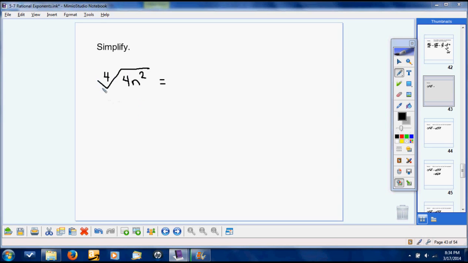Okay, now, if I tried to take the fourth root of 4 here, it doesn't work. We'd have a decimal. If I tried to take the fourth root of n squared, once again, doesn't work. So in this case, we're also not going to be able to find like bases because we have 4, then you have n, so this is something different.